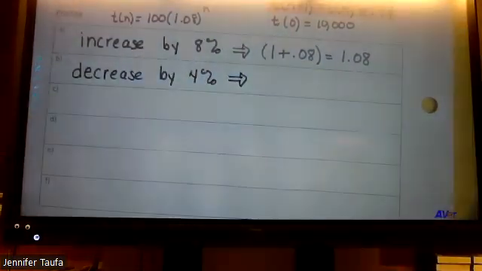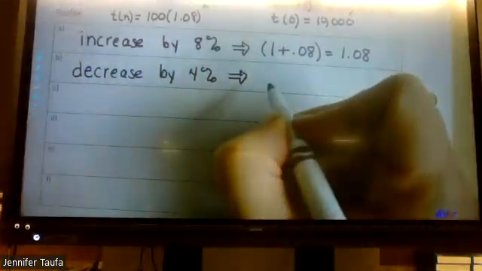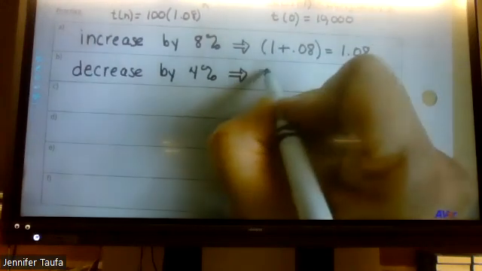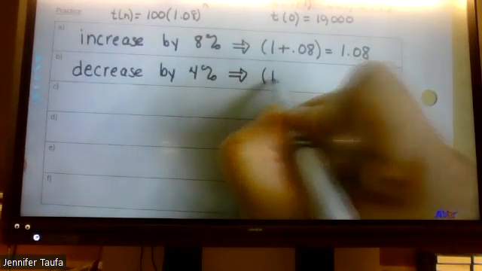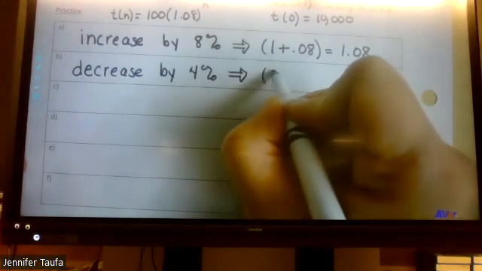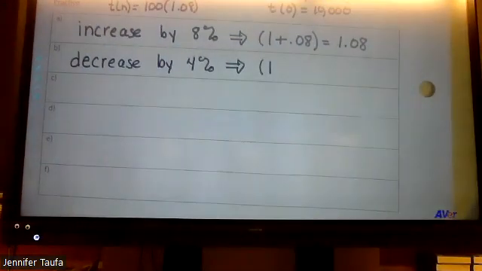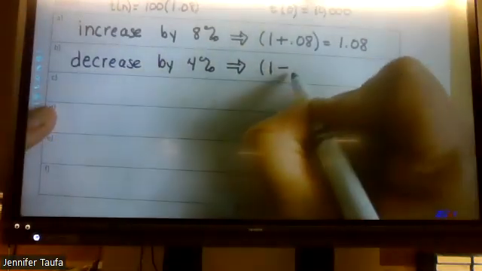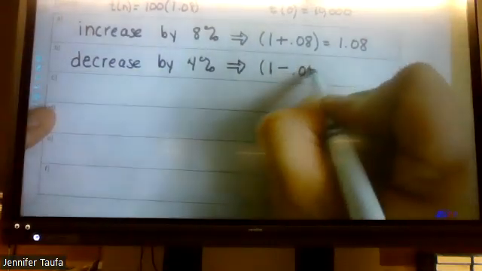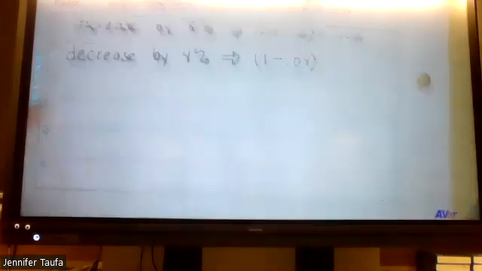All right, guys, welcome back. Remember when we talk about multipliers, we always start with that 100%. So I'm going to start with 1, but this time I decrease 4%. So 4% written as a decimal is 0.04.